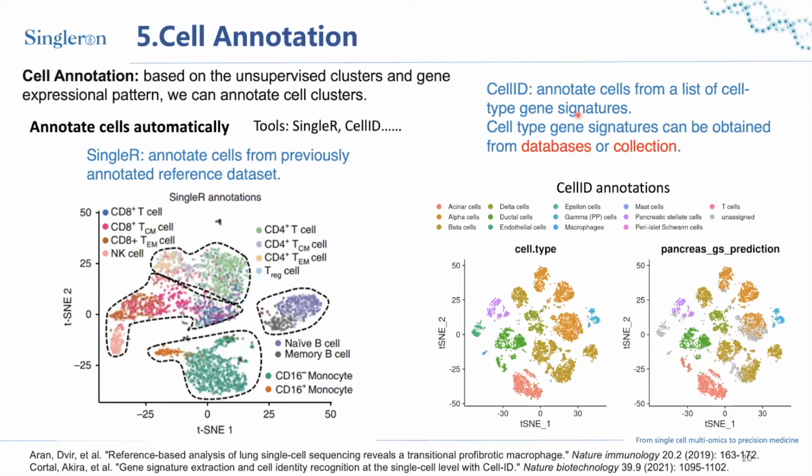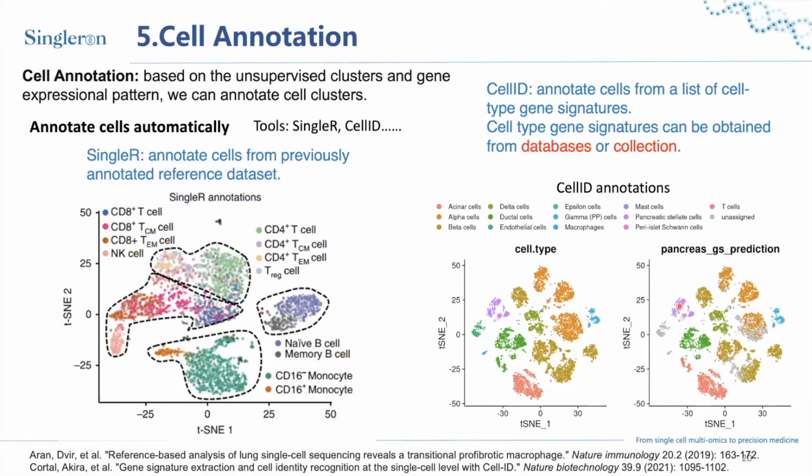After that, CellID will predict the cells for you. Here is the example. The left one shows the actual cell type, and the right one shows the prediction from CellID. You can see that a big part of the cells are correctly predicted.